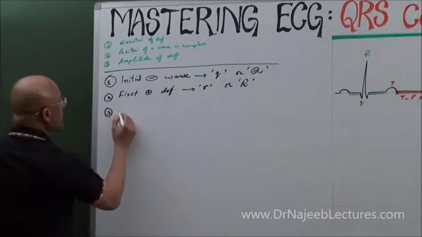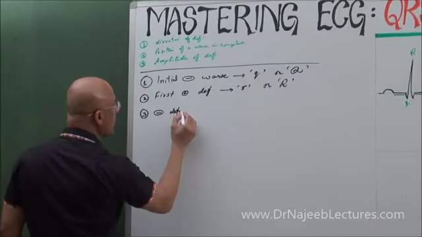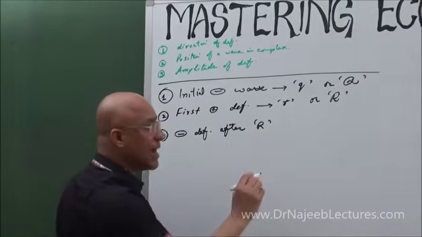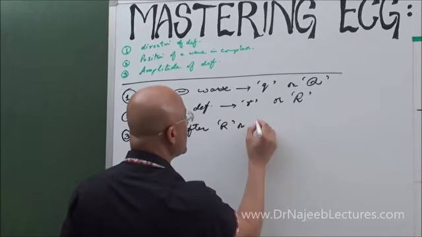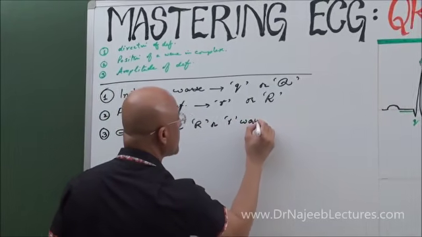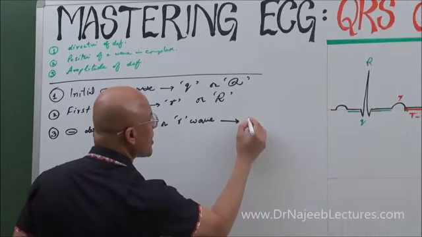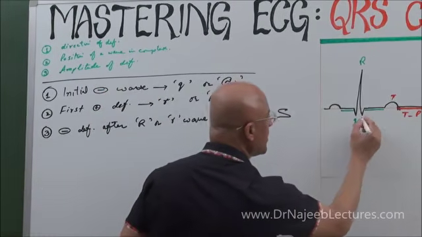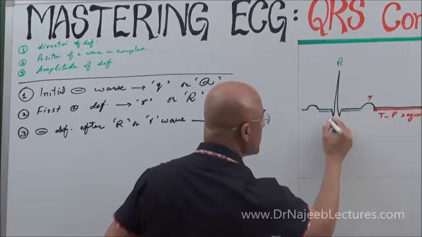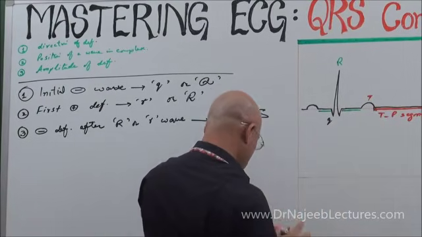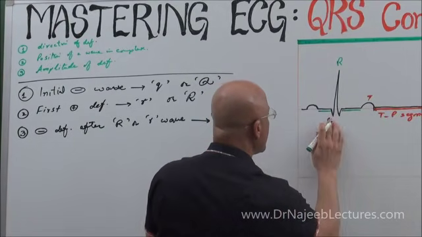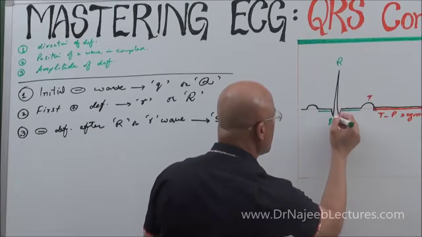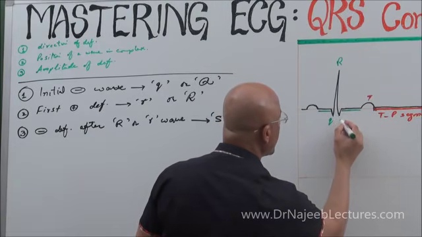So, a negative deflection after the R wave, either small or large, is S wave, either small s or large S, depending on amplitude. This was Q and this is R. Now this is the simplest form of the QRS complex, the classical Q, R and S.